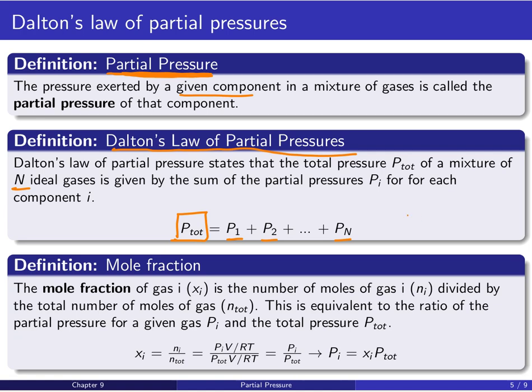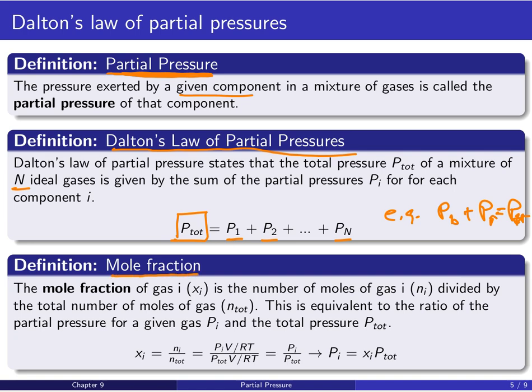Okay, just as we saw in the previous slide where we had the pressure of the blue plus the pressure of the red equaling our total. Now there's one other concept here that it turns out is very useful when we're talking about partial pressures, and that is the concept of the mole fraction.